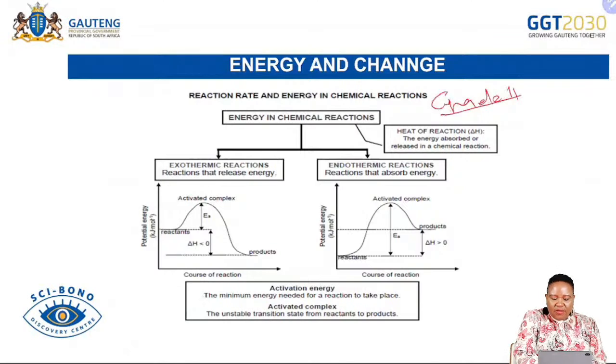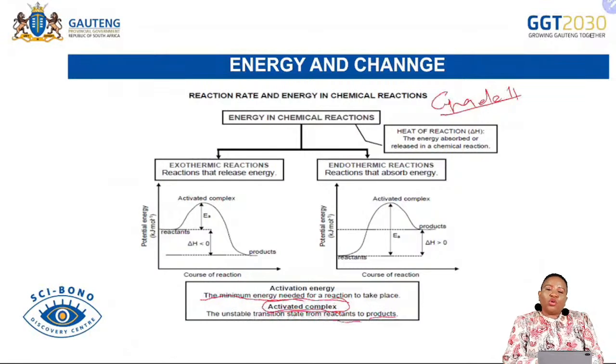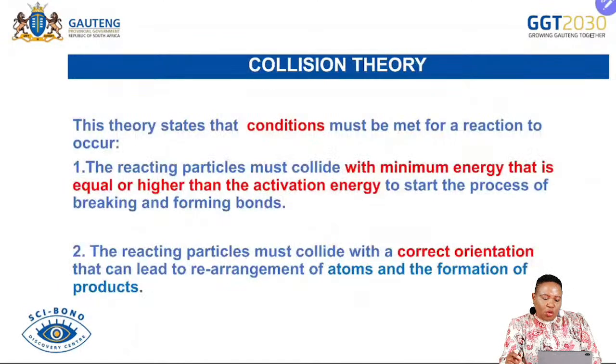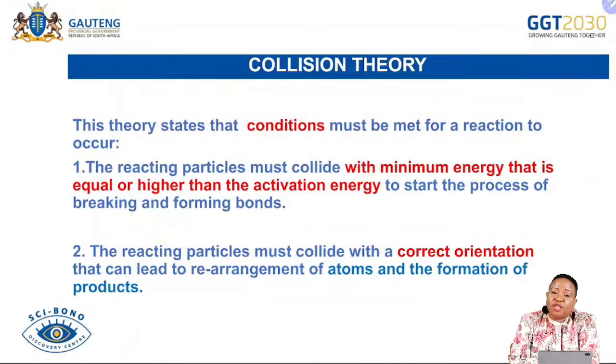In this case, we said activation energy is the minimum energy needed for the reaction to take place. And we also talk about that unstable transition state from reactants to product, which is known as the activated complex. So go back and check those energy and change graphs in terms of the rate of reaction, because they will be asked under question number 5, which is our rate of reactions.